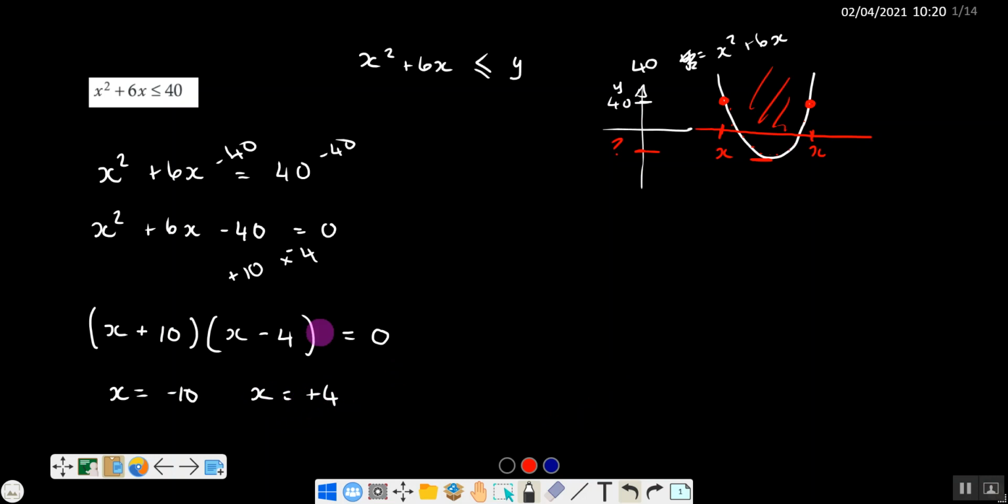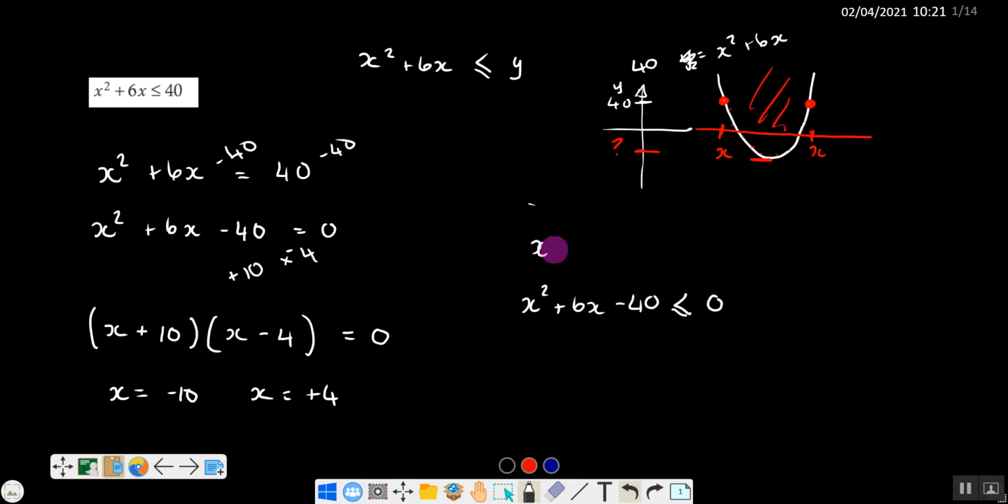Okay? So that's why before when I was saying, right, use this information, if you've got the graph, find out where they cross. So what I now know is those are my two solutions to that. But what I need to solve is not where it's equal to 0, but where x squared plus 6x minus 40 is less than or equal to 0.